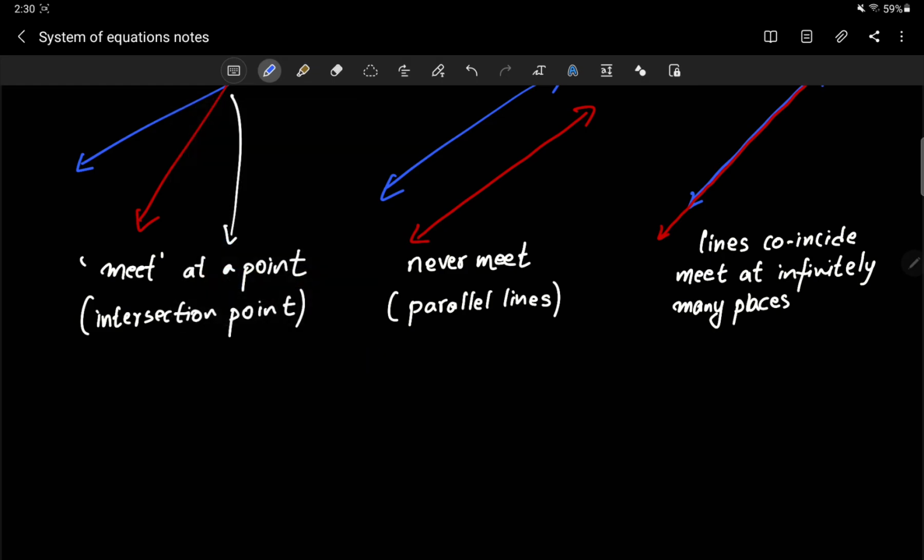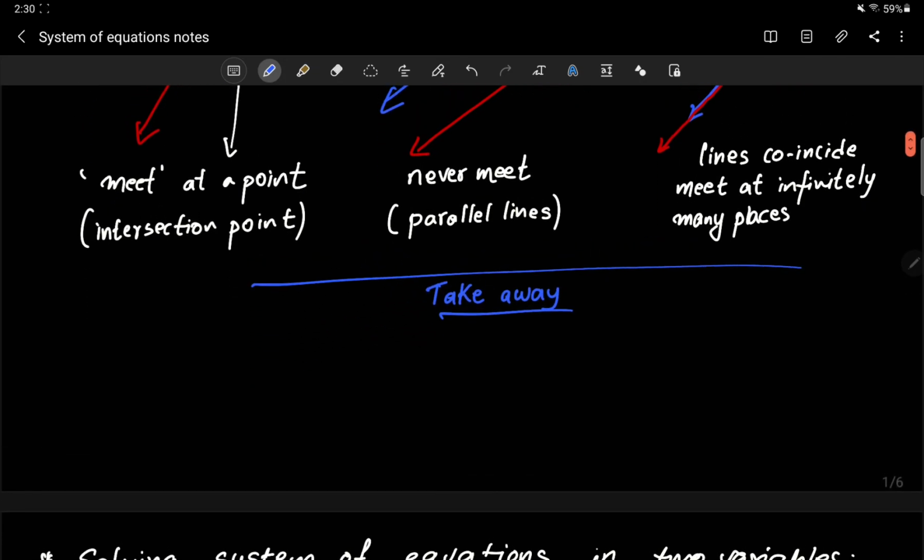Now, what is the takeaway from this? If you put together these two pieces of information, first of all, we said that a linear equation represents a line.